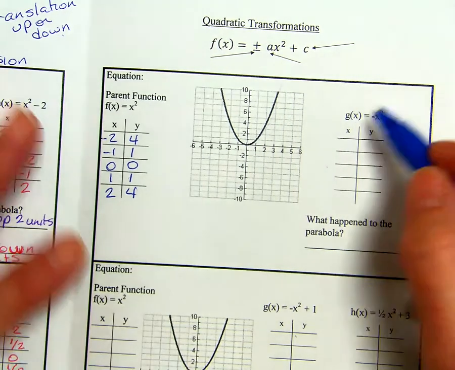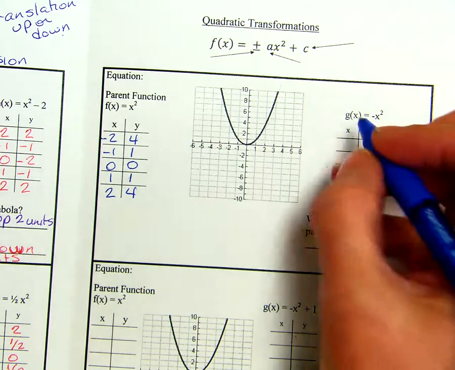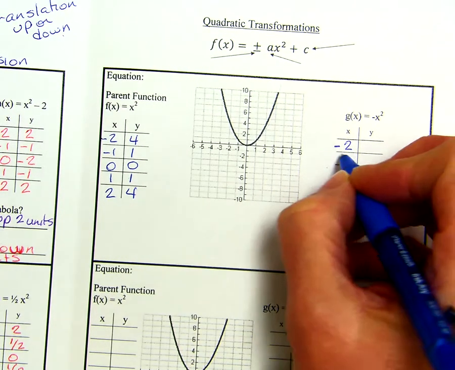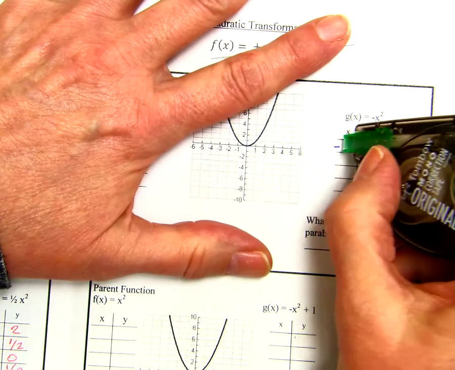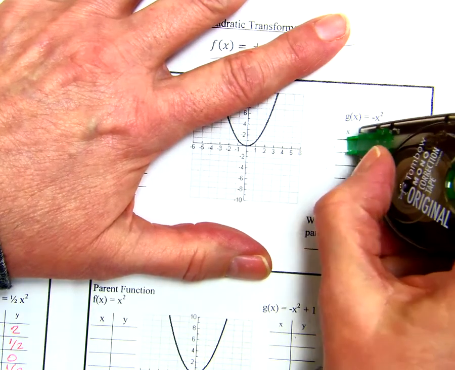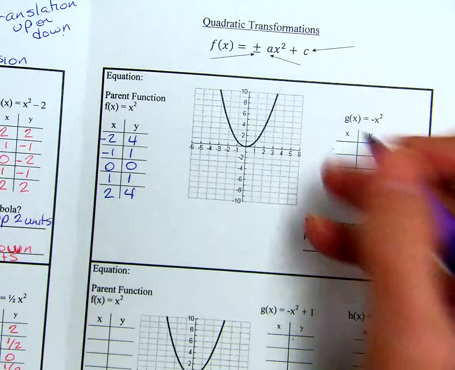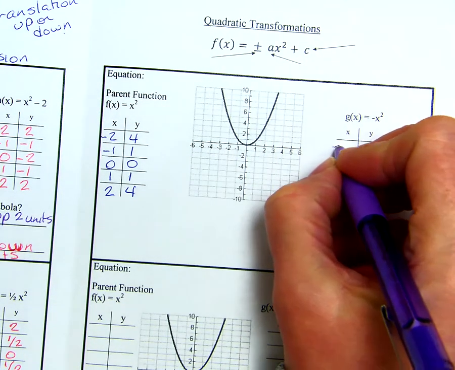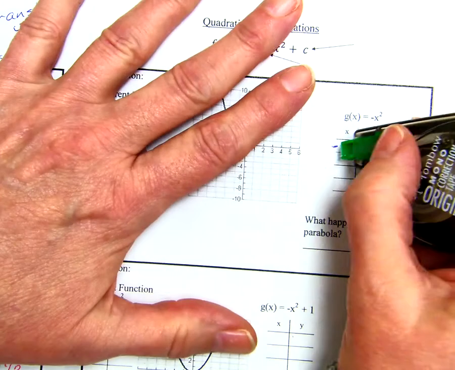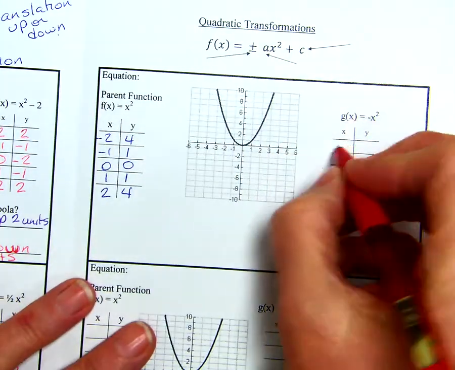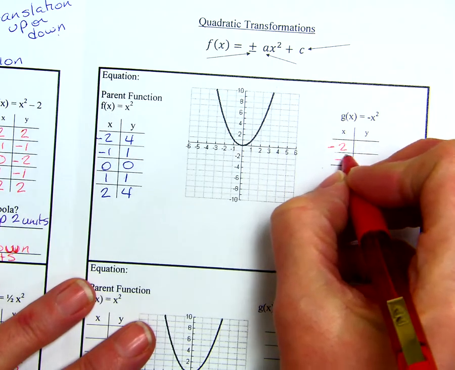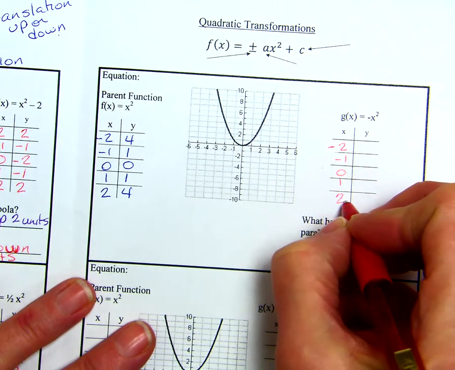Now for g of x being negative x squared, we're still going to use negative 2, negative 1, 0, 1, and 2. So you can go ahead and write those in. I'm going to use red on this one just because I think it'll be a better contrast to the black. So -2, -1, 0, 1, and 2.